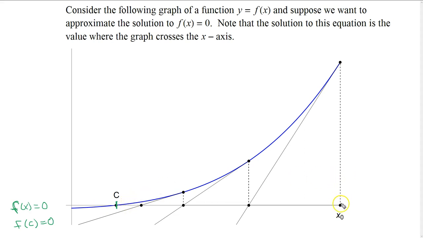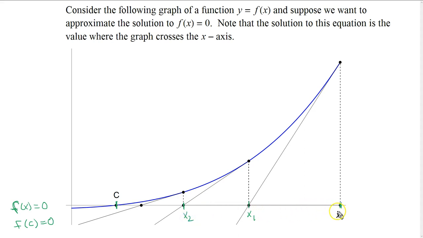So you start out with an initial guess, like x0. You go up to the curve and draw a tangent line, as we have here. That brings you down to another point right here on the x-axis. We'll call that x1. Then you repeat the procedure. You go up to your curve, draw a tangent line, and come up with another number, x2.